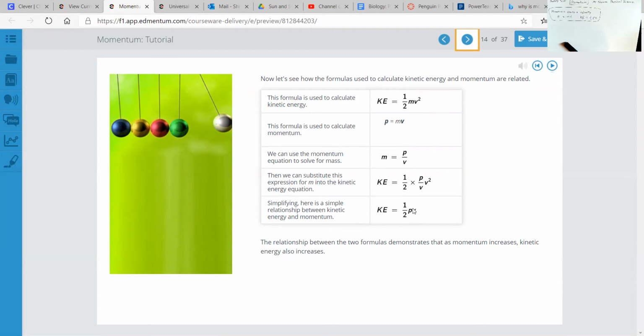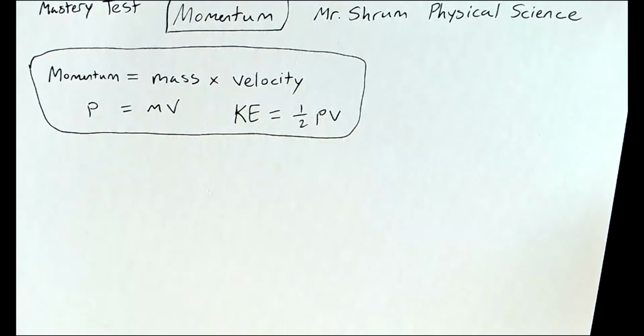So that will be most of what we're using today in this mastery test. So let's get back to my screen, and then we'll get into the actual problems for the mastery test.